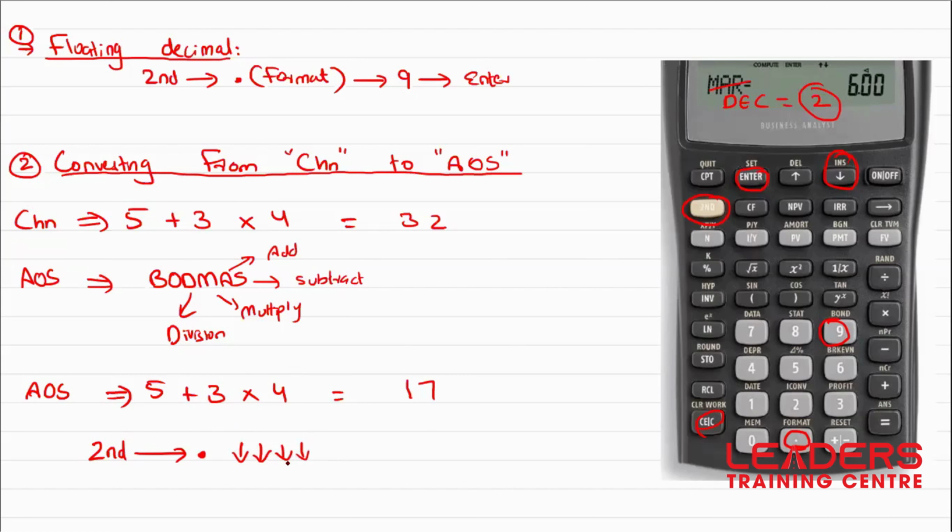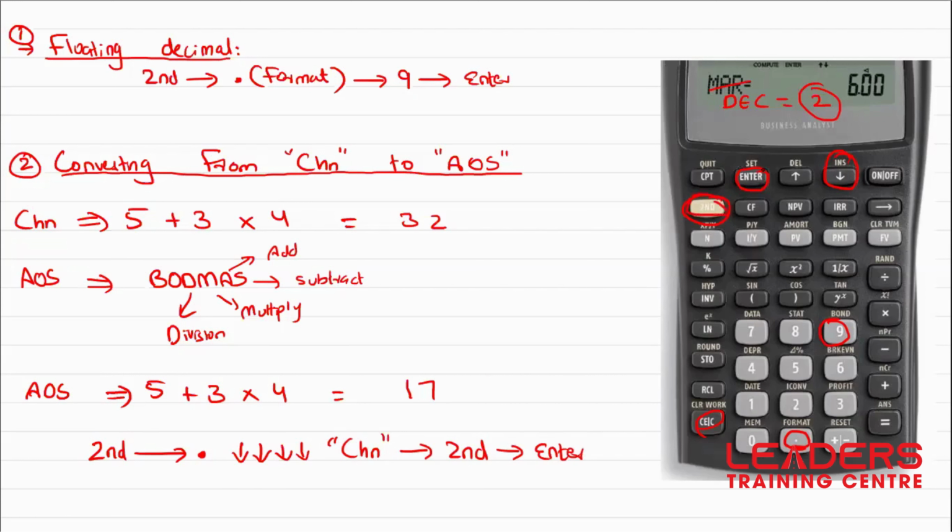When you press it, you will now see on your display screen, if it's a brand new calculator, it should show CHN, which is chain rule. That's how your calculator is set to be. When you have this on your display screen, you should press second and followed by enter, which is right here.